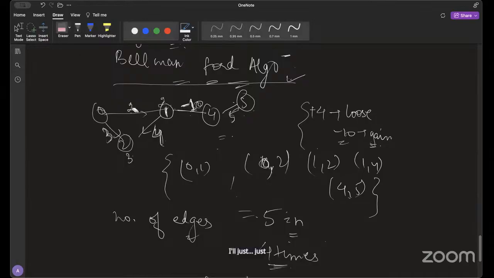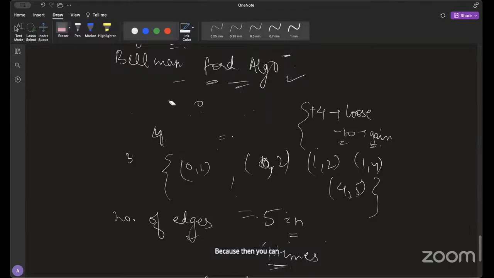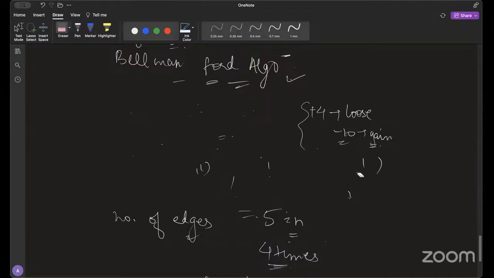Just give me 1 minute. Let's just keep the same graph to make things better, because then you can compare the two things, right? Let's just do the same graph again.